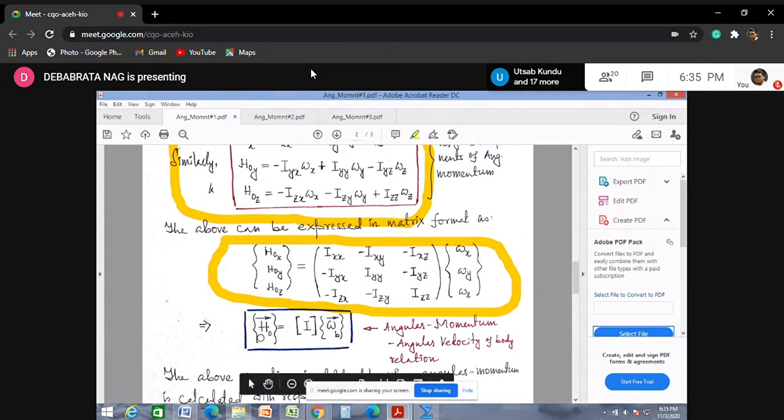And what is important about this equation is that you need to remember it has certain limitations.